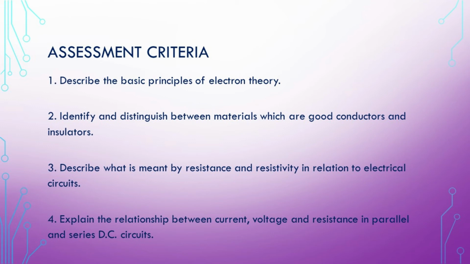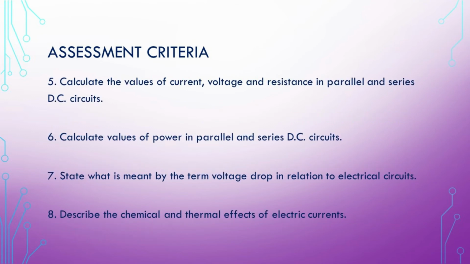And the 4th assessment criteria is being able to explain the relationship between current, voltage and resistance in parallel and series DC circuits. Assessment criteria number 5, you need to be able to calculate the values of current, voltage and resistance in parallel and series DC circuits.